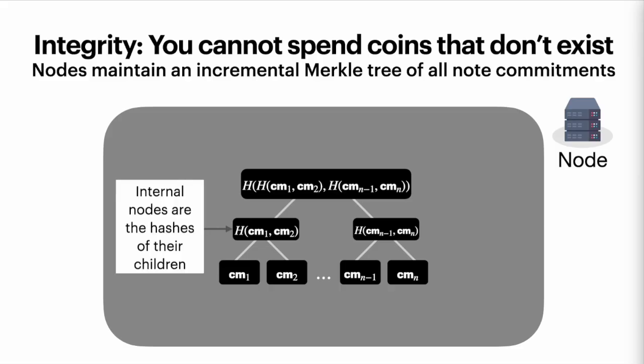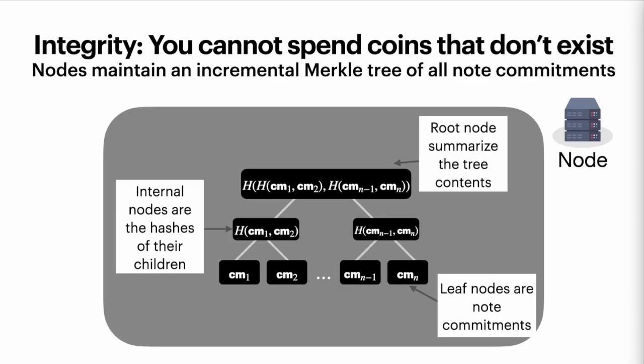For Sapling-style shielded pools, each leaf in the tree stores a note commitment. The tree is very large for Sapling, a depth 32 tree. And one of the great properties of a Merkle tree is it compresses a very large amount of data into a small fixed-size value, and that is the root or anchor of the tree.